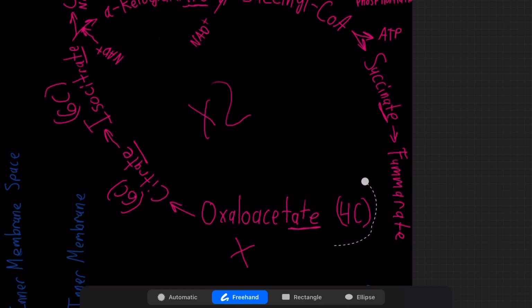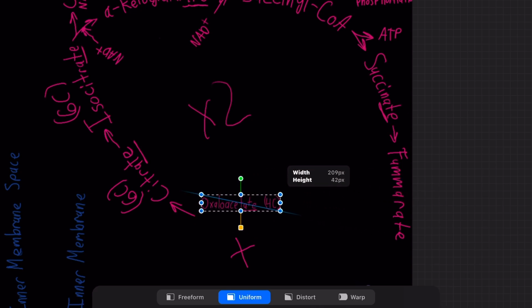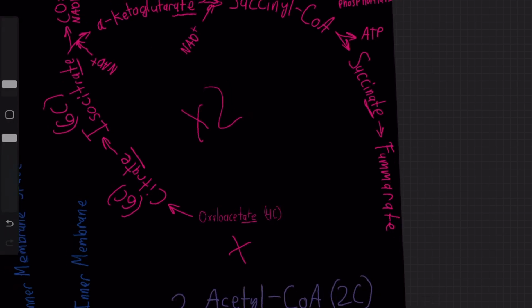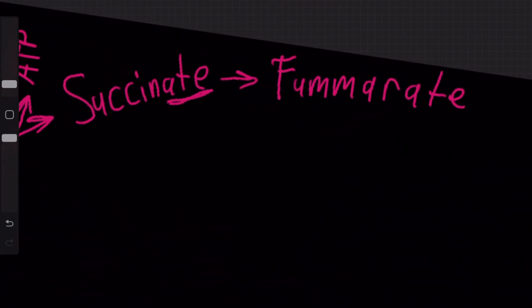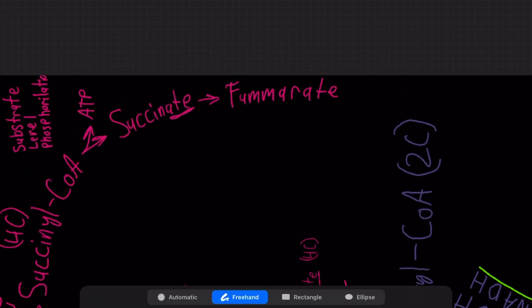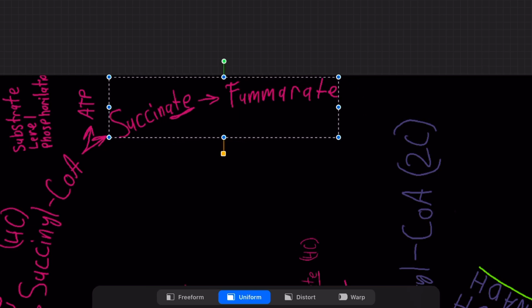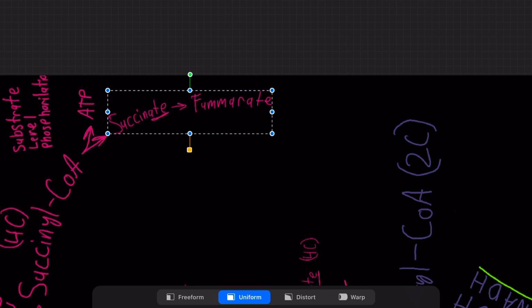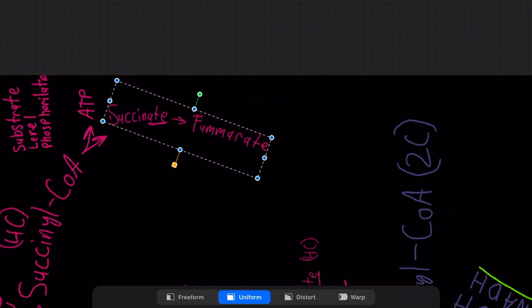Actually, I can reduce this whole thing here. I'm gonna make this smaller here. Fumarate. Now the byproduct of fumarate, let me actually make this a bit smaller, and also kind of twist it a bit.